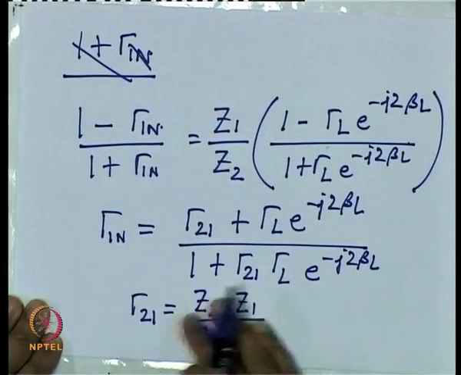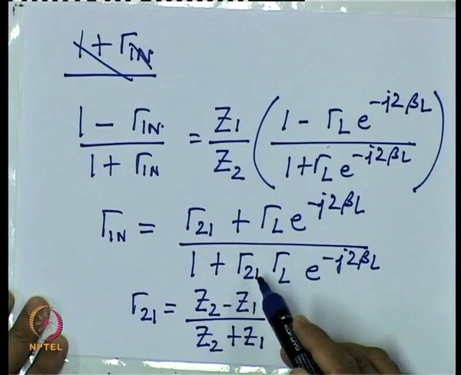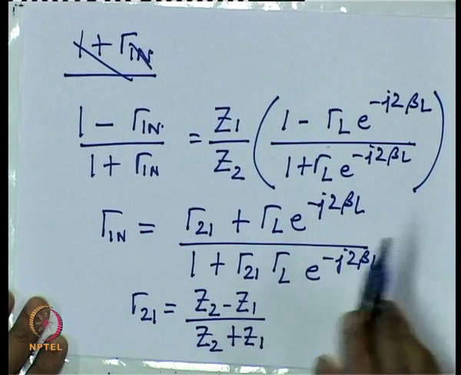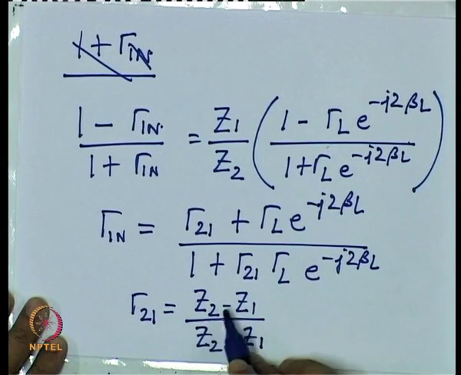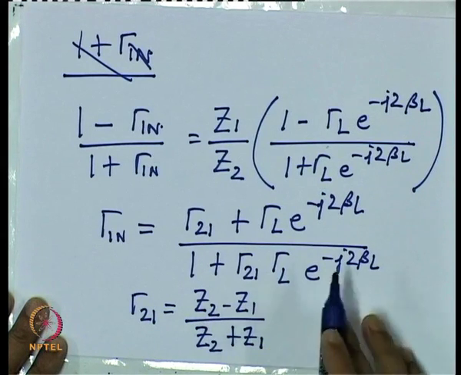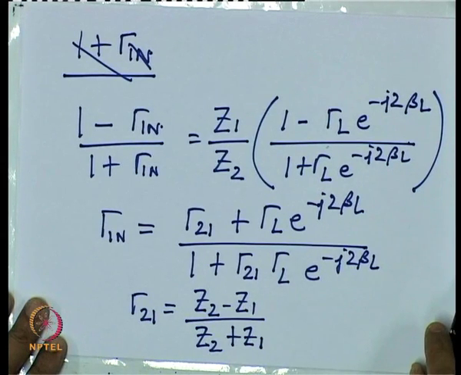Now, this is of course the complete expression for gamma in with no assumption about what the values of Z2 and Z1 are. For any values of Z1 and Z2, we will get the same expression.